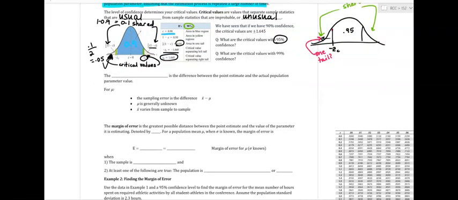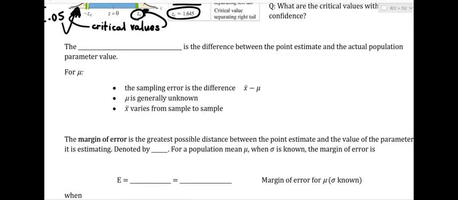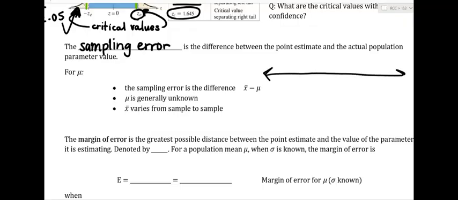So now that we know how to find critical values, there's a few more definitions we need. The sampling error is the difference between the point estimate and the actual population parameter. So again, another example, the same thing that I talked about in the introduction video. They use 63.5 for the estimate of the average height of women. Let's say that it was actually 63.21.